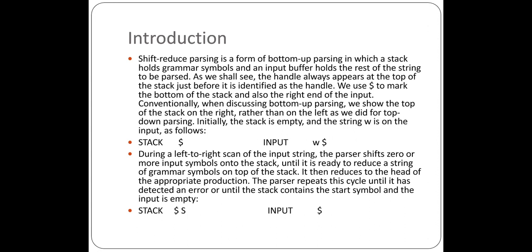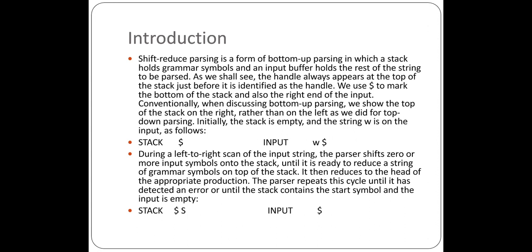In shift reduce parsing, we are going to construct a parsing table. In this parsing table, you have various columns like input buffer, stack, and action. These are the three important columns that we have over here, and using these columns we perform the shift reduce parsing mechanism.